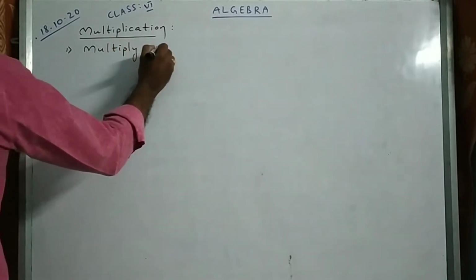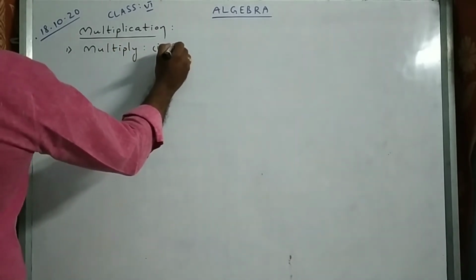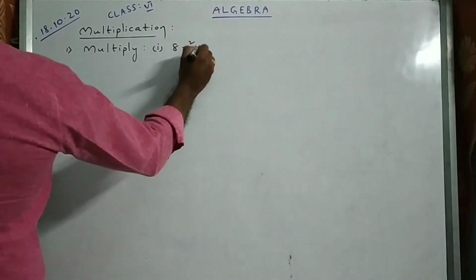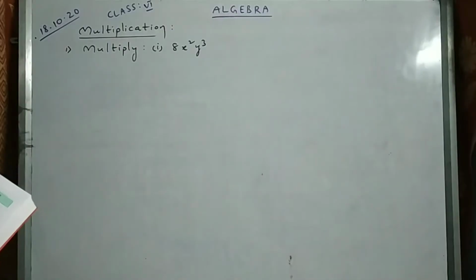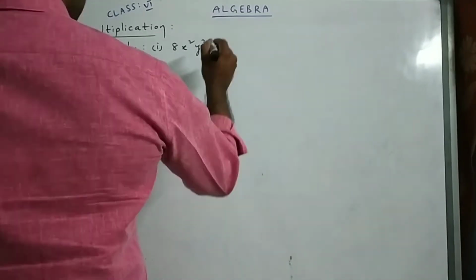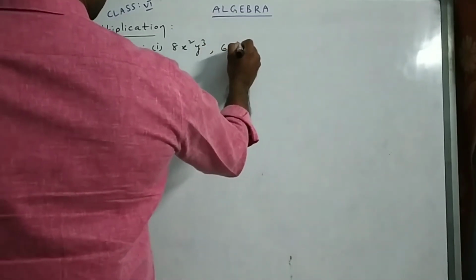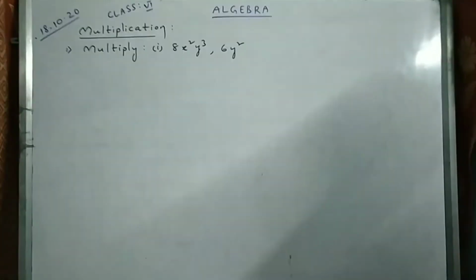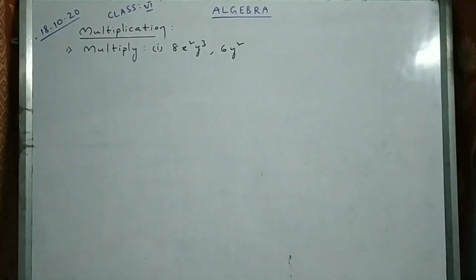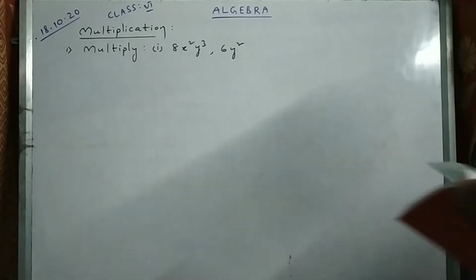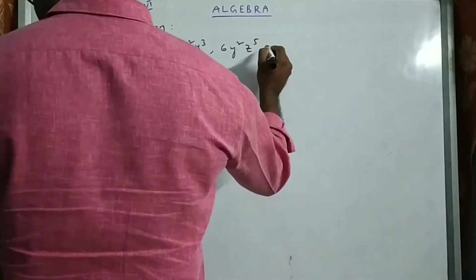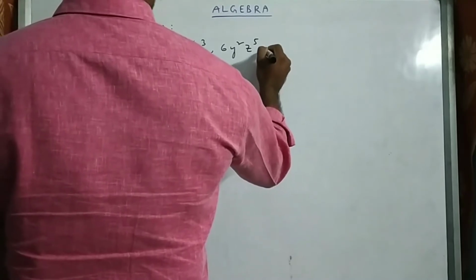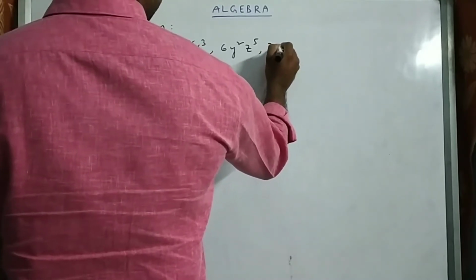Multiply 8x square y cube, 6y square z power 5, 3xz square.